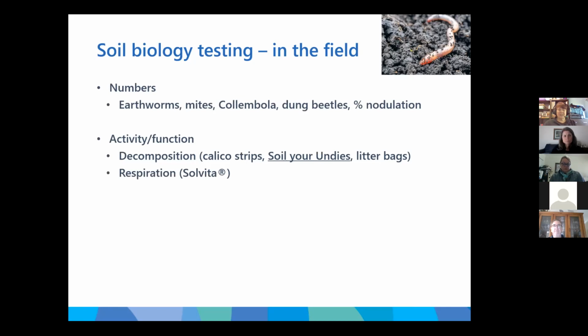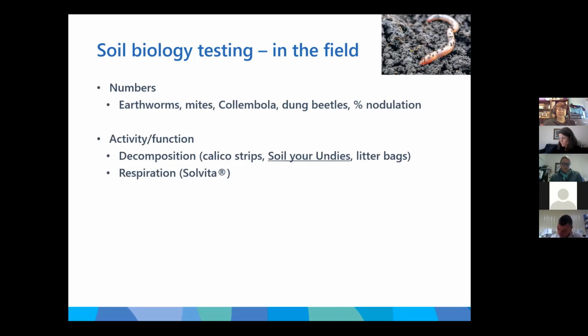What we're finding a lot of interest in is looking at the effective function or activity of soil biology in the field. And looking at that function of decomposition, there are a couple of methods that we use. One is called the calico strip or cotton strip test, and it essentially is unbleached calico inserted into the soil vertically and left in the soil for an appropriate amount of time given the season, the location and the climate.